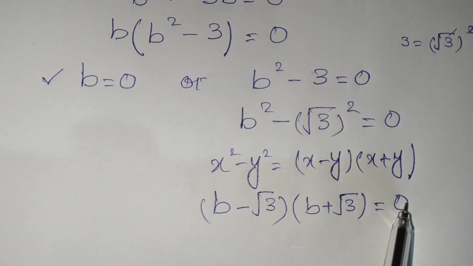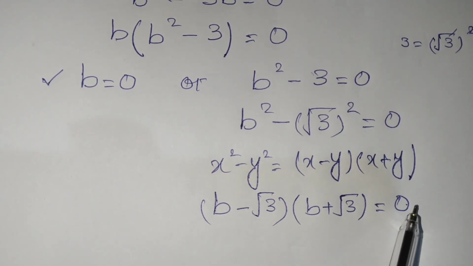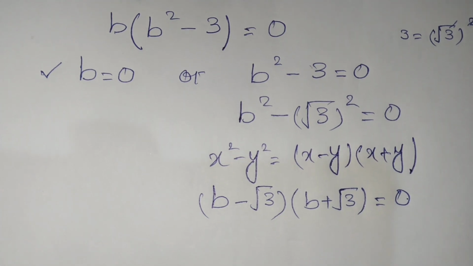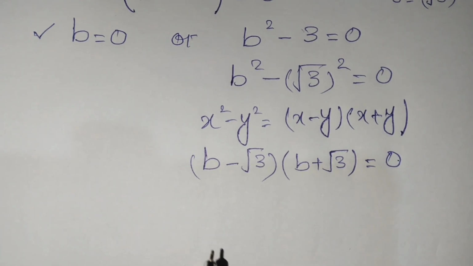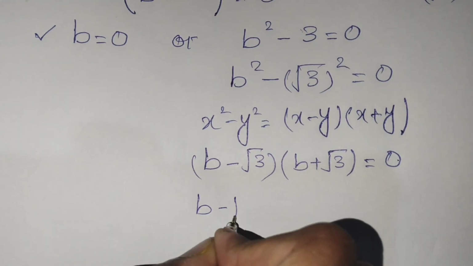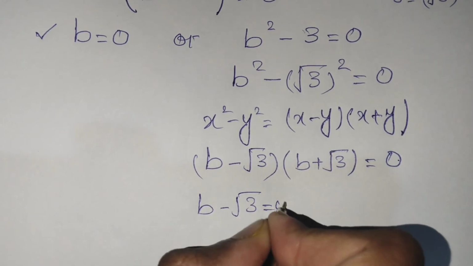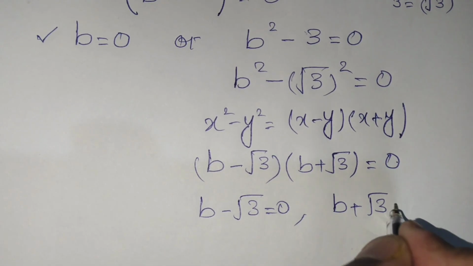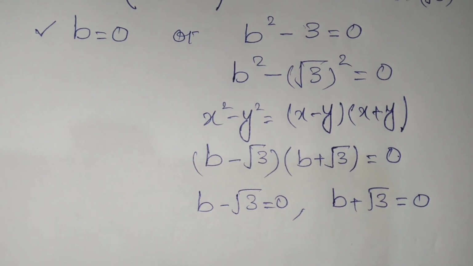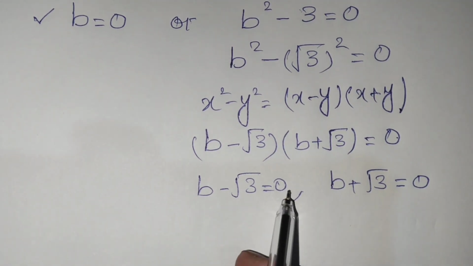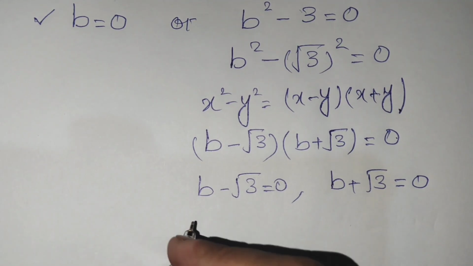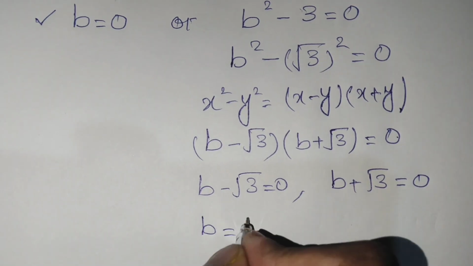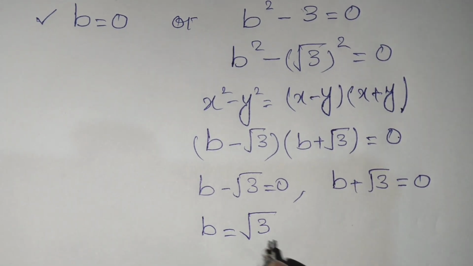Either this will be equal to 0 or this will be equal to 0. So we have b minus square root of 3 equal to 0 or b plus square root of 3 equal to 0. Now add square root of 3 on both sides, we get another value of b, which is plus square root of 3.